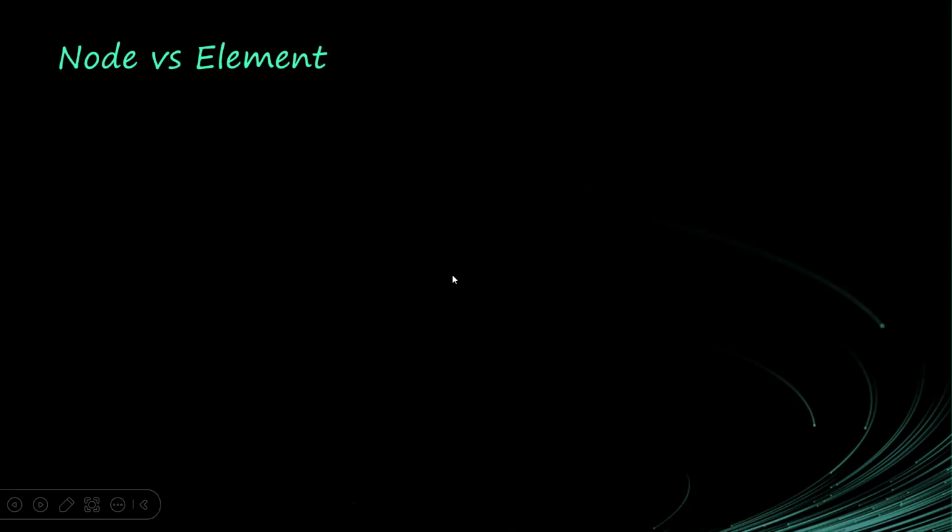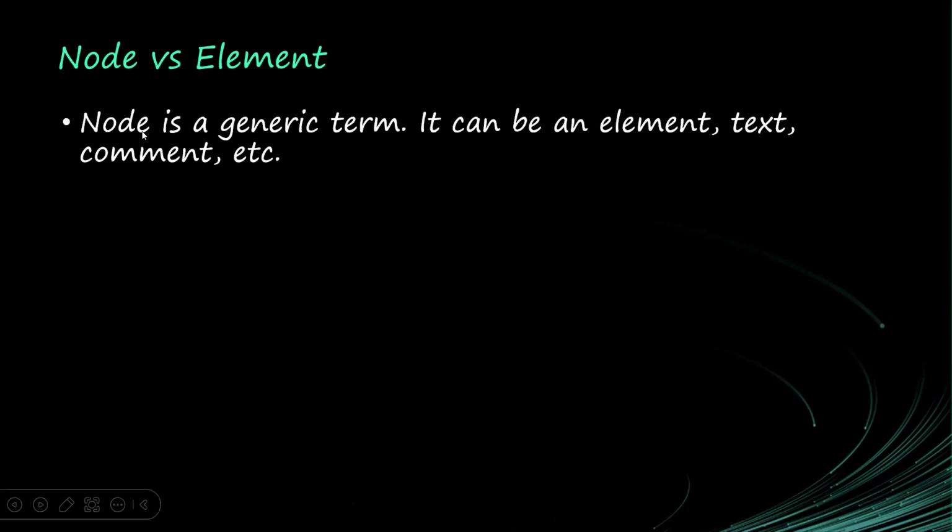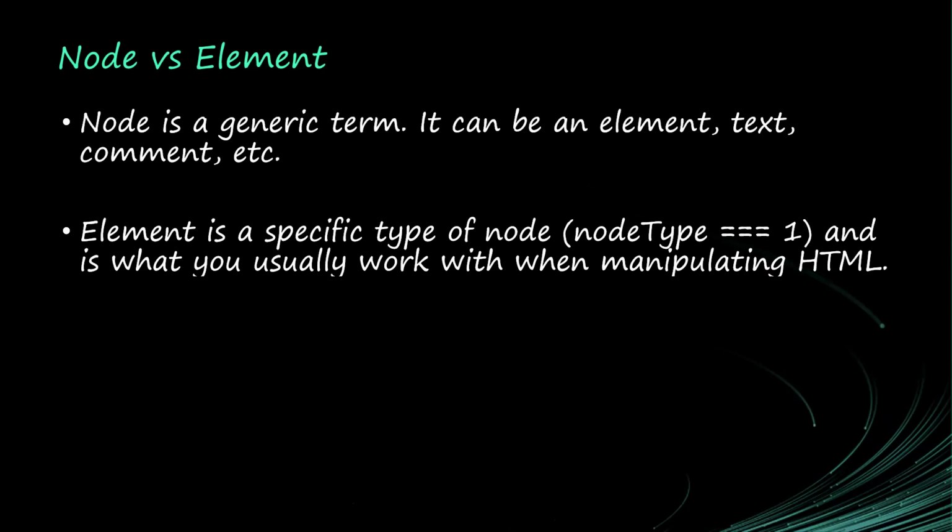Now we always have this confusion, a node and an element. The thing is this, a node is everything. An element is a node, but a node might not be an element. Node is a generic term. It can be an element, text node, comment node, or document node. But an element is a specific type of node. A node can be an attribute node, a comment node, a text node, or an element node.